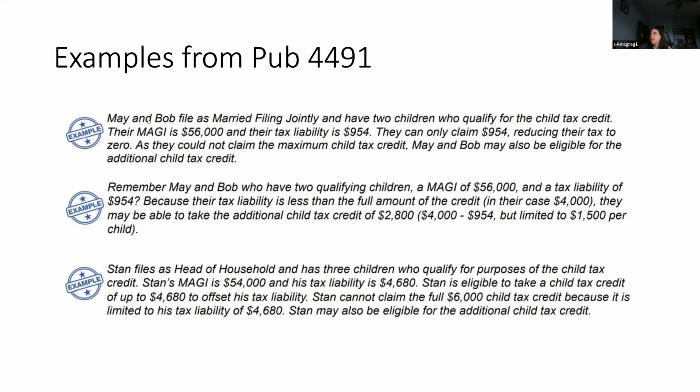Couple other examples. Mary and Bob are married, filing joint, have 2 children who qualify for child tax credit. Their AGI is 56,000. Their tax liability is 954. Like I mentioned in that last one, they can only claim 954 because it's a non-refundable credit.